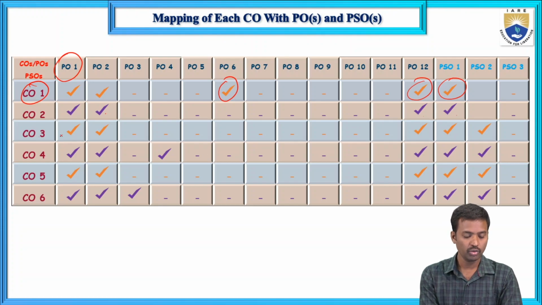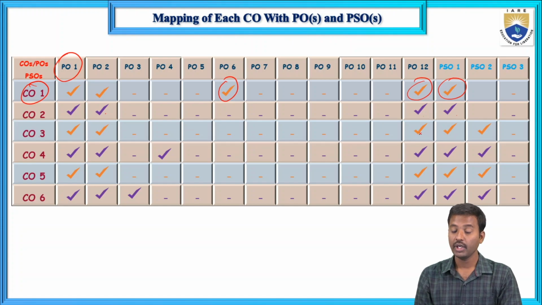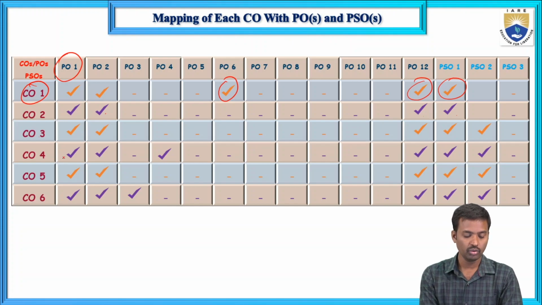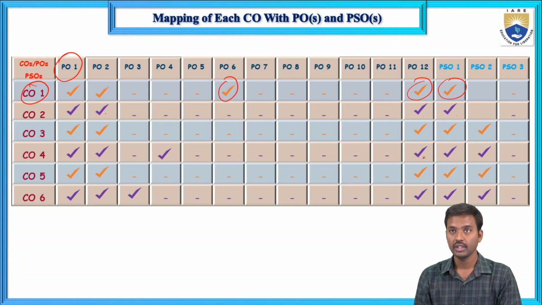CO3 is mapped with PO1, PO2, PO12, PSO1 and PSO2. Next, CO4 is mapped with PO1, PO2, PO4 and PO12, and for the program specific outcomes, PSO1 and PSO2.